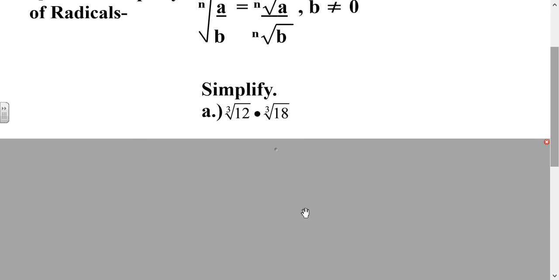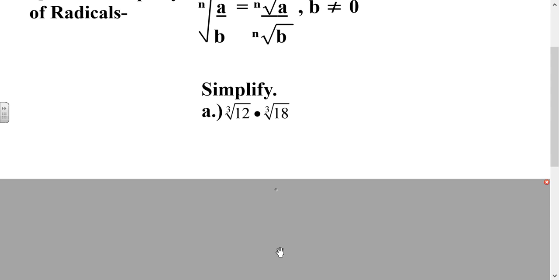So the first example that we have is multiplication. We're going to have the cube root of 12 times the cube root of 18. What I can do is multiply these two together. These properties work in reverse as well.